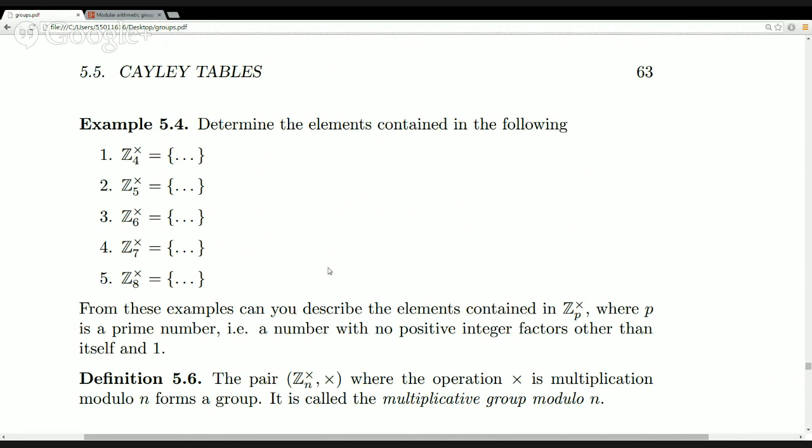Because the options 2 and 4 are excluded because they're not coprime to 4. So the only numbers less than 4 that are coprime to 4 are 1 and 3. 2 is excluded because 2 is divisible by 2, and 4 is divisible by 2. So 2 and 4 are not coprime to one another.